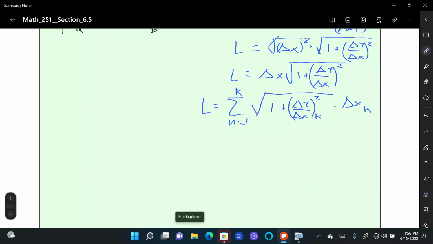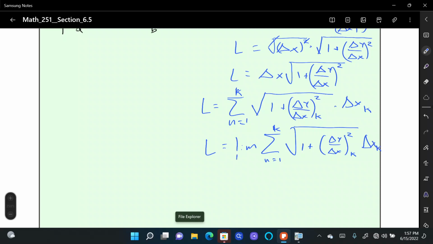So what we're going to do is turn this into a limit of the sum as k approaches infinity.